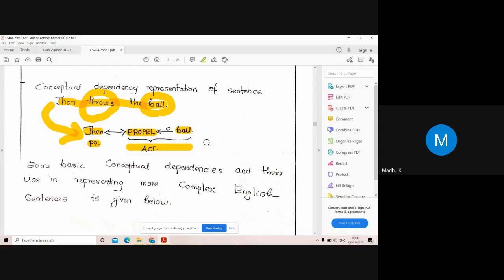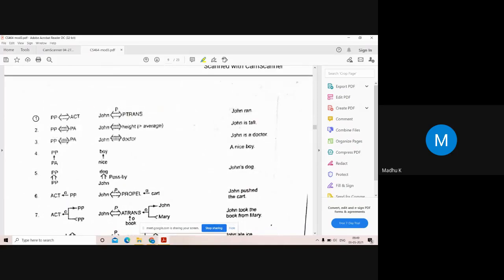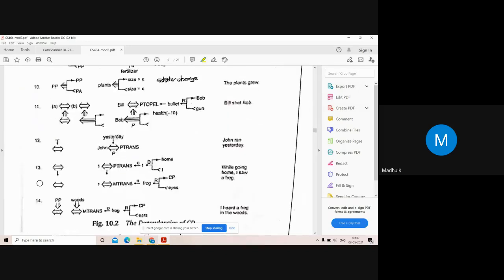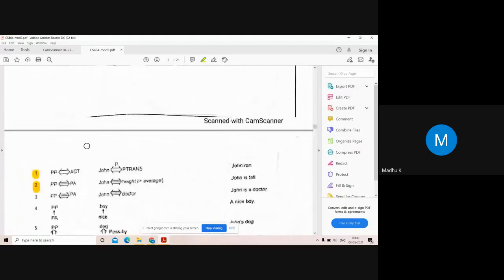In this way, we will represent various sentences. There are 14 rules, up to 14. You need to study all these rules; only then can you write the conceptual dependency.